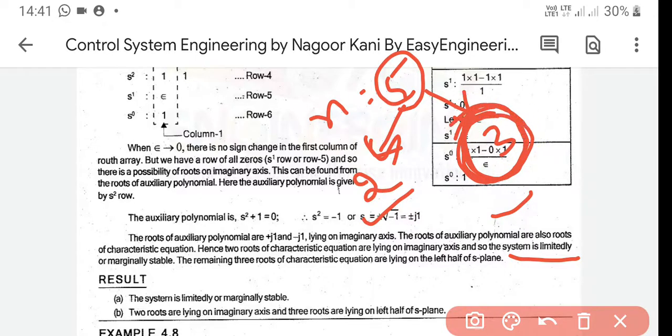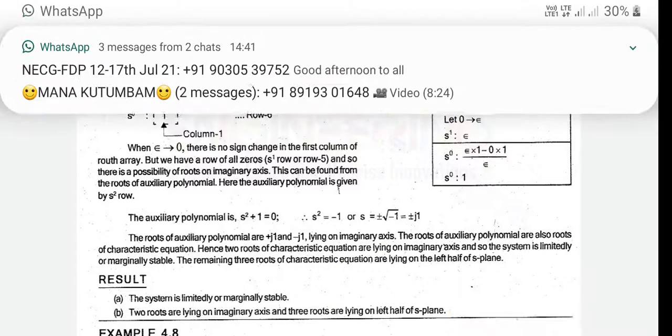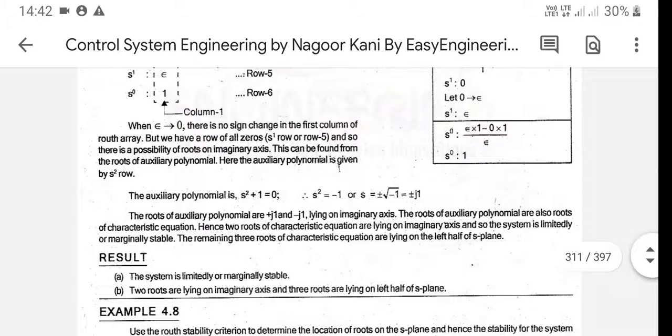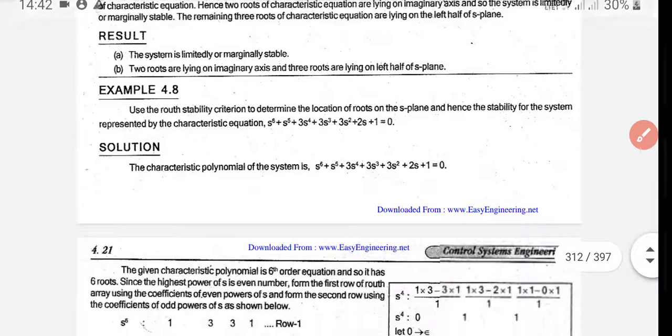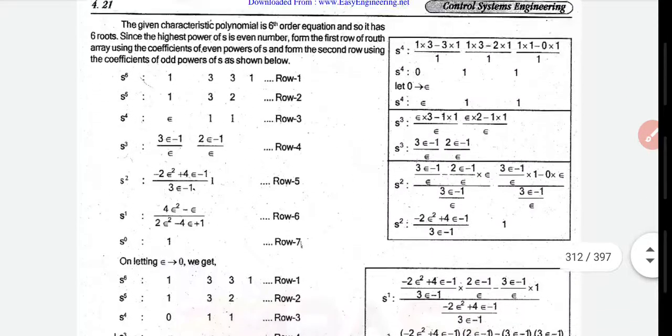So finally you write the result as: the system is limitedly or marginally stable, with 2 roots lying on the imaginary axis and 3 roots lying on the left hand side of the S plane. Okay, this is the case you got here.